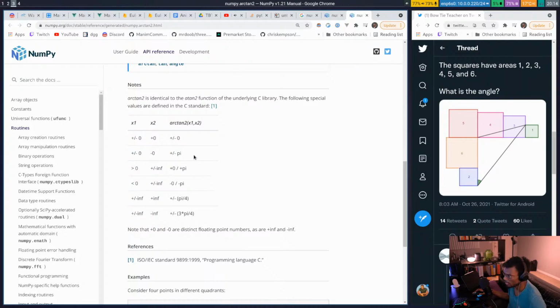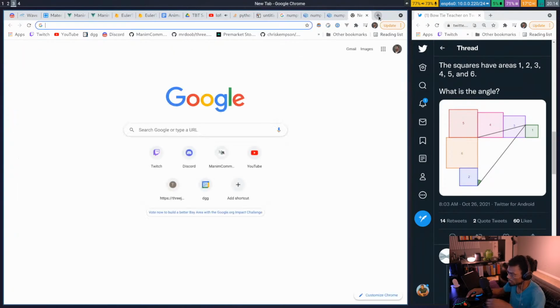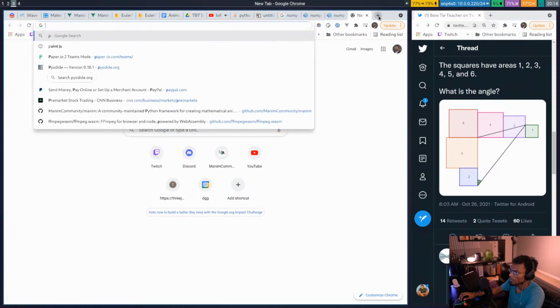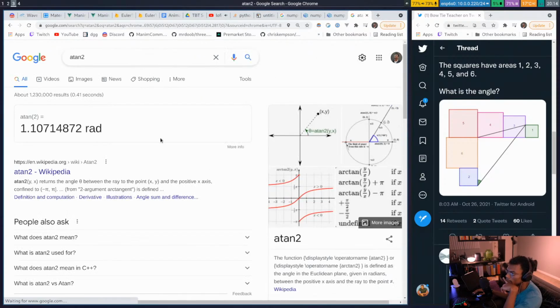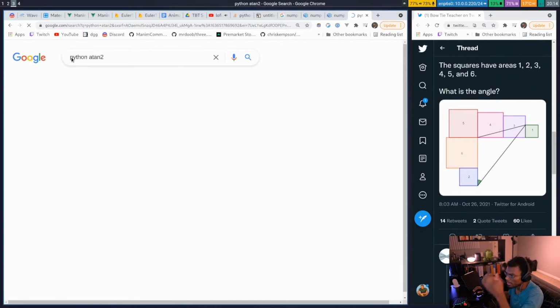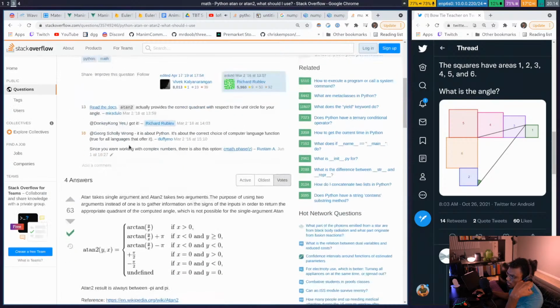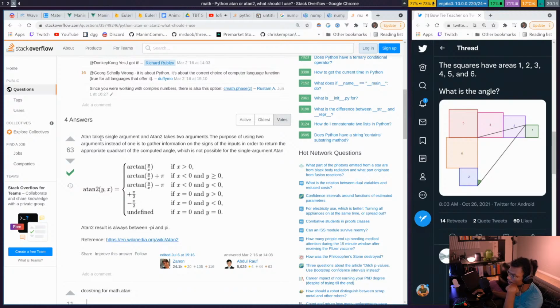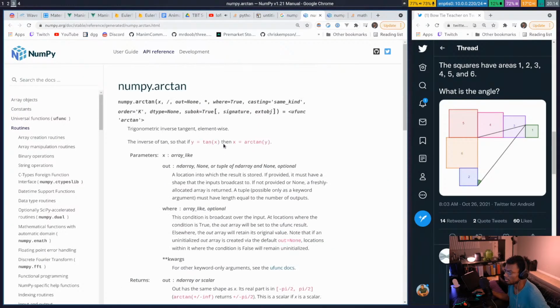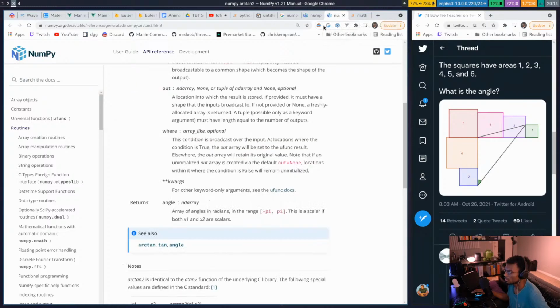I guess this can handle zeros? As if just typing that in would be helpful. It takes a single number. Atan 2 takes 2 arguments. Okay, I think I do want arctan 2.